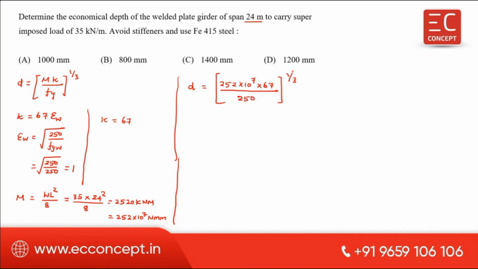Now 252 into 10 raised to 7 into 67 divided by 250, power 1 divided by 3. So this depth is approximately you are getting 877.36. Okay, so this is the answer.